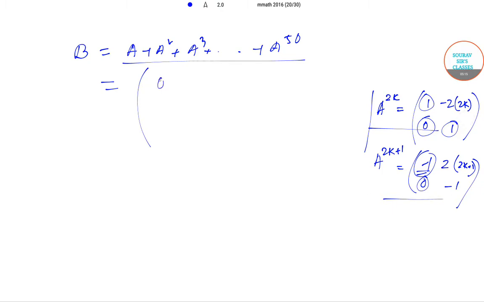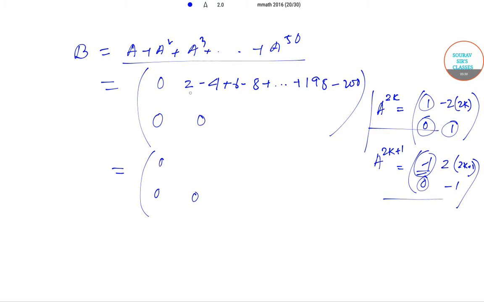So these three values are 0, and in the top it will be 2, and next 4, then 6, then 8, and it goes on till 198 minus 200 for A50. As you can see, 2 minus 4 is equal to -2.